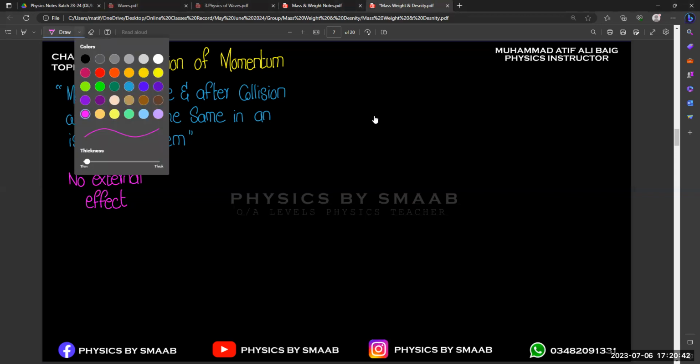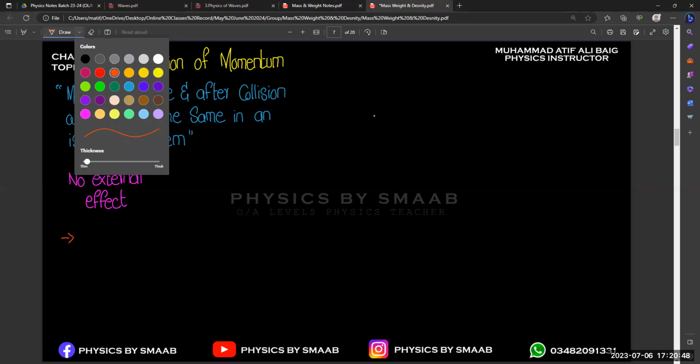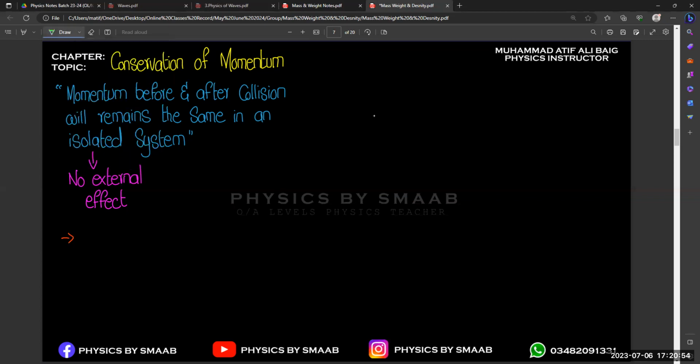So let's suppose an object is moving in the forward direction, or if we consider the example of a snooker or any two footballs, this is object number one, this is object number two.